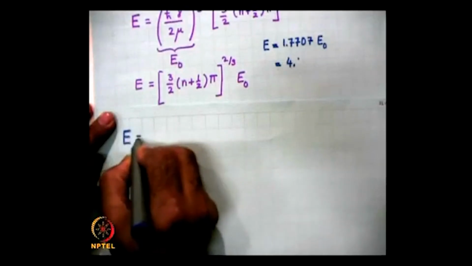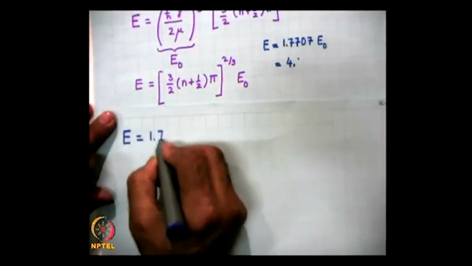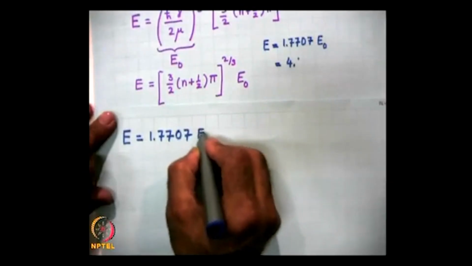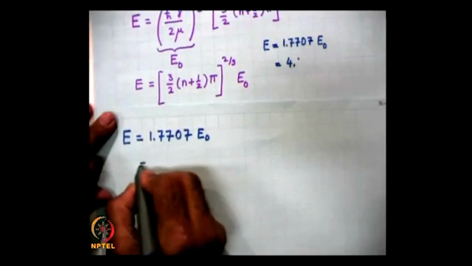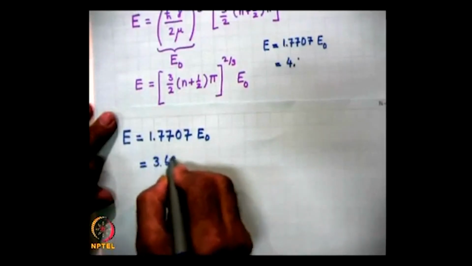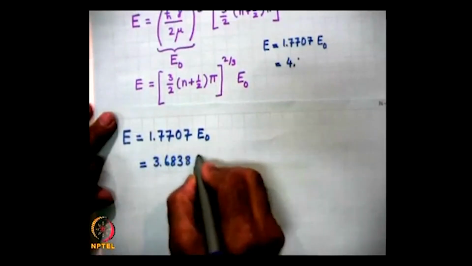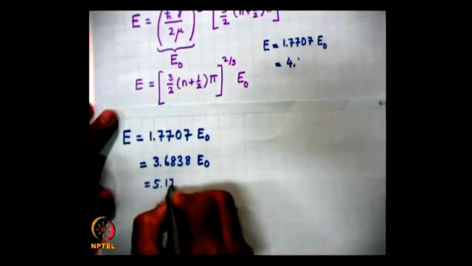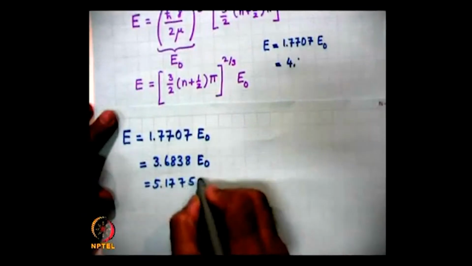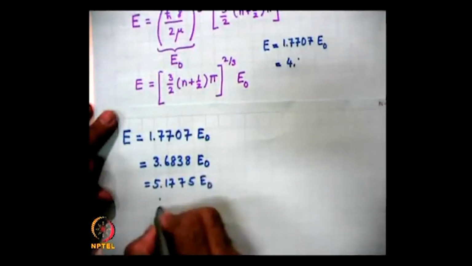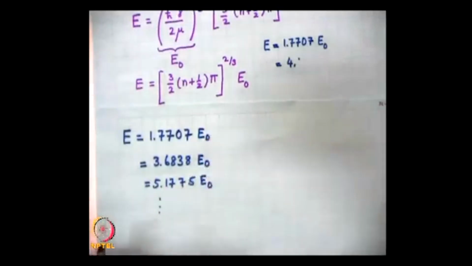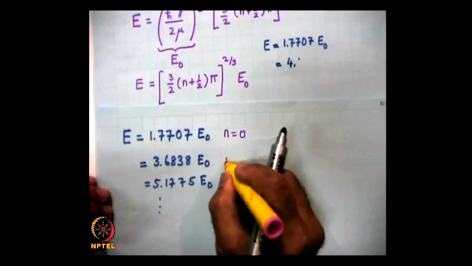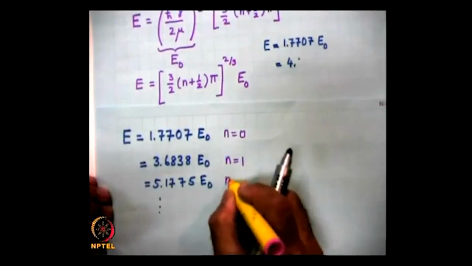E is equal to 1.7707 E0, and this is equal to 3.6838 E0 and 5.1775 E0, and so on. This is for n is equal to 0, this is for n is equal to 1, and this is for n is equal to 2.